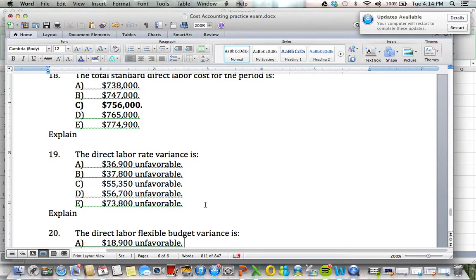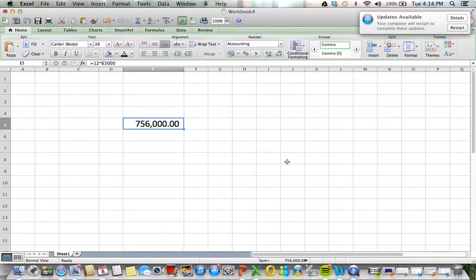Now 19, direct labor rate variance is. The rate variance is going to be 12.6 minus 12, because our standard was actually 12 and it came in at 12.6.